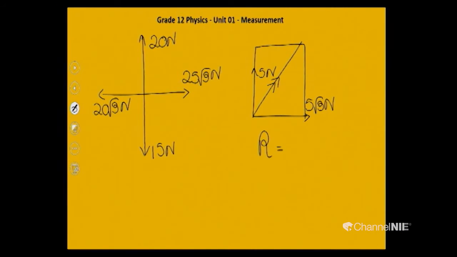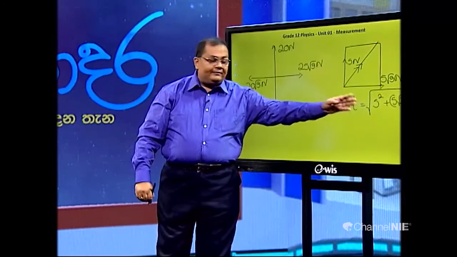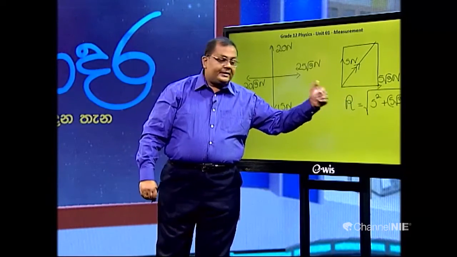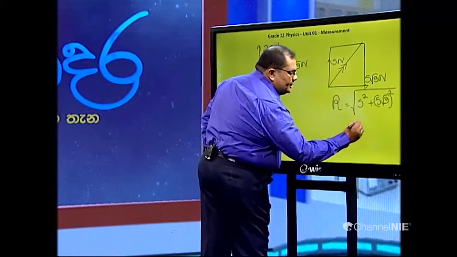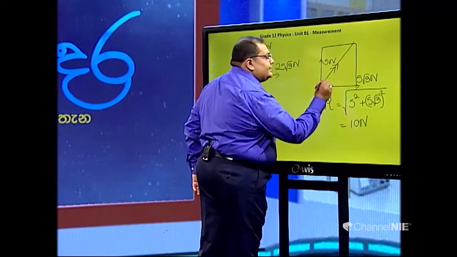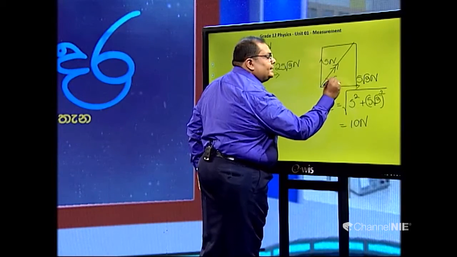Resultant is equal to the square root of 5 squared plus 5 root 3 squared. 5 squared is 25, and root 3 squared is 3, then 3 into 25 is 75, 75 plus 25 is 100, root 100 is 10. And you have to write the direction of the resultant also, theta.